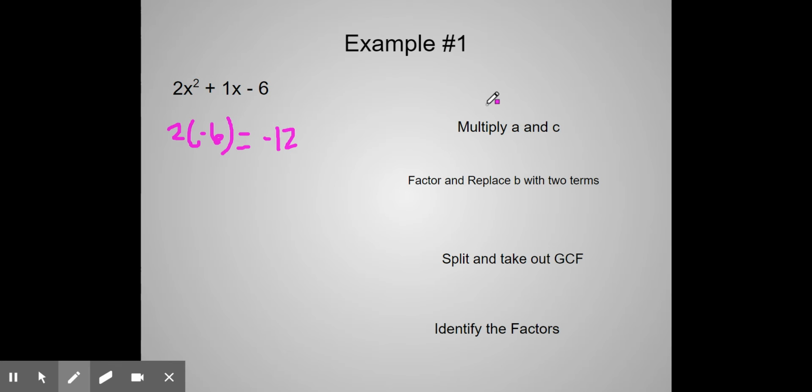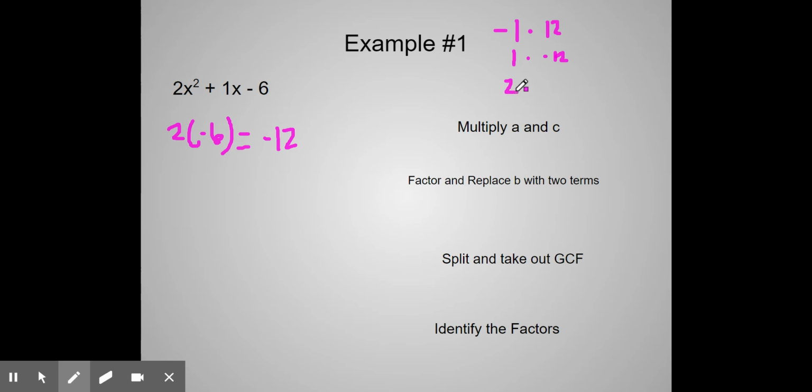Okay. So what we've done in the past is we put up negative 12 here, and we come up with factors that give us a product of negative 12. So let's start with negative 1 times 12. Let's go with 1 times negative 12.